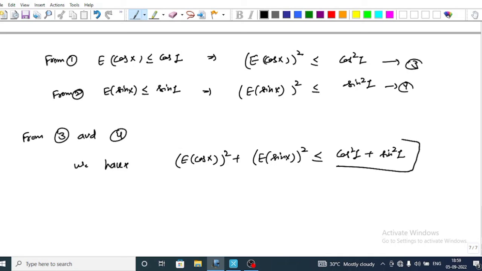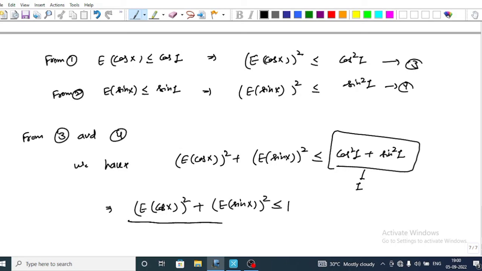This quantity equals to 1. This implies that (expectation of cos x) whole square plus (expectation of sin x) whole square is less than or equal to 1. But we want this inequality reversed. So in general, this option is false.